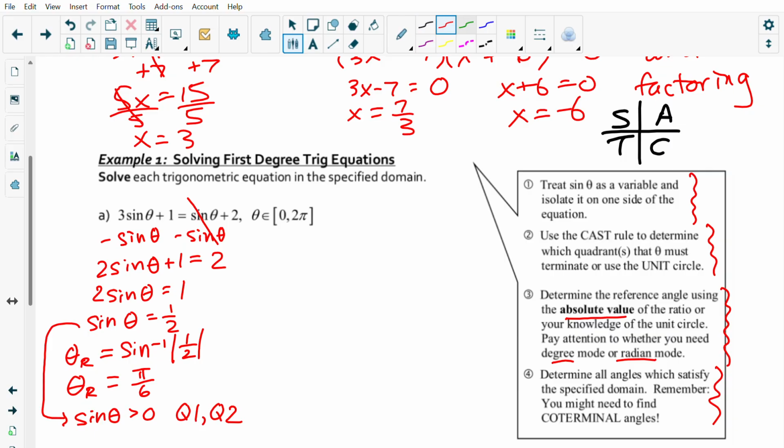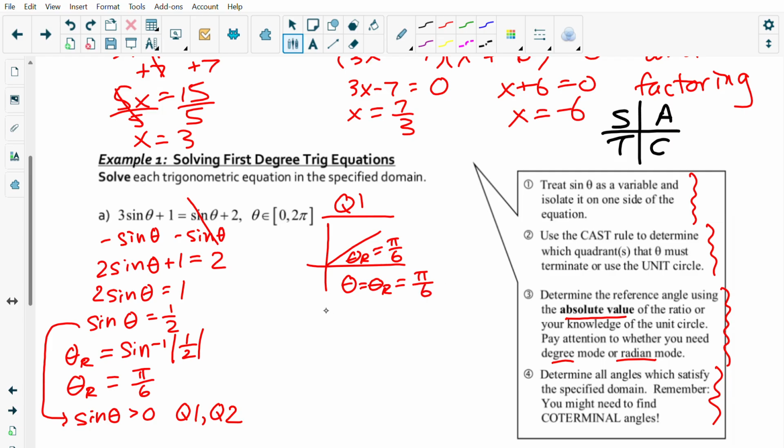So I set up my solution in terms of which quadrant they appear in. So quadrant 1, reference angle equals pi over 6. Well, in quadrant 1, we know that the angle in standard position equals the reference angle, which is pi over 6.